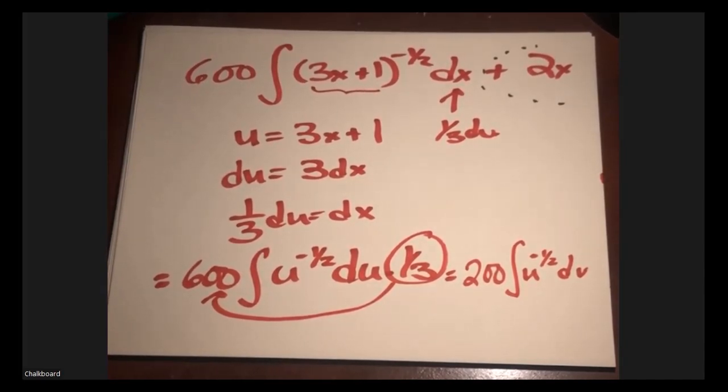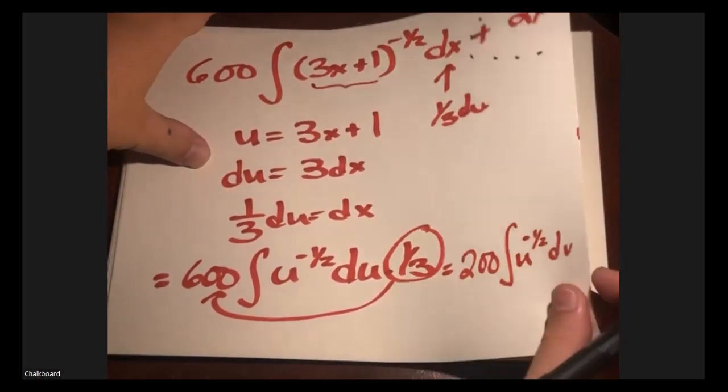Let's now find the integral of u to the negative half. We did that somewhere along the line, didn't we? Yes, we certainly did. Well, wherever I did it, let's do it again.